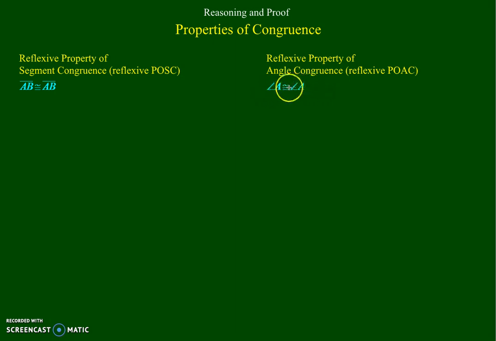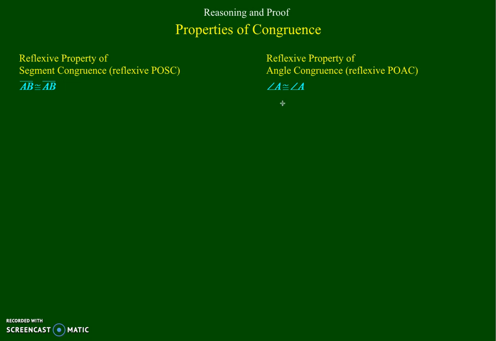I will highlight the reason for using it when we actually do, but it will come in very handy. These reflexive properties are not just trivial, they're actually very useful. So that's reflexive property. And so you can say that segment congruence is reflexive. That's what this property is telling us.